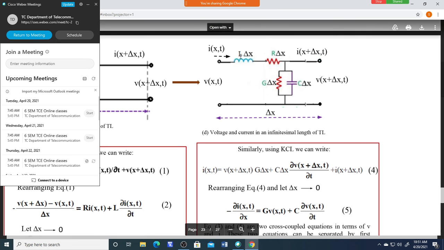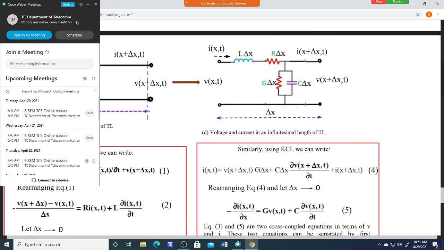Then the current flows through this L into delta x. What is that? I of x comma t, R into delta x, the voltage across this, and the voltage across this.